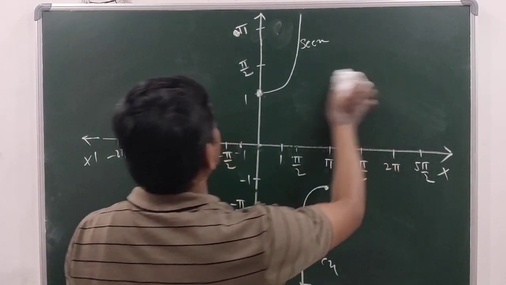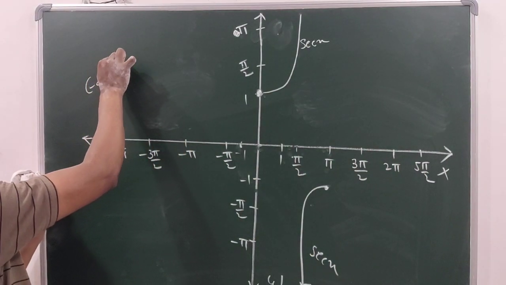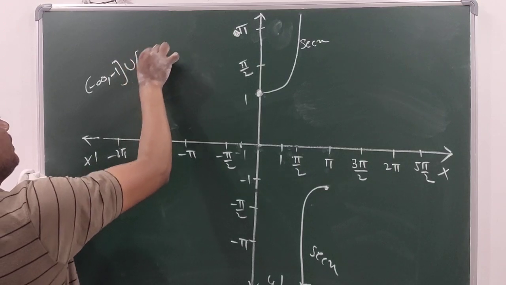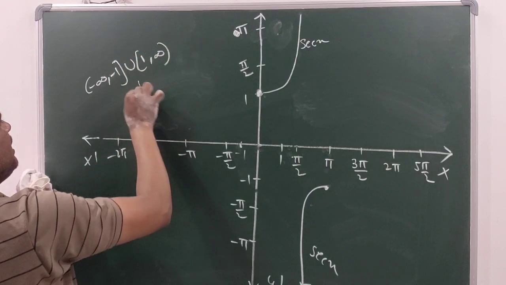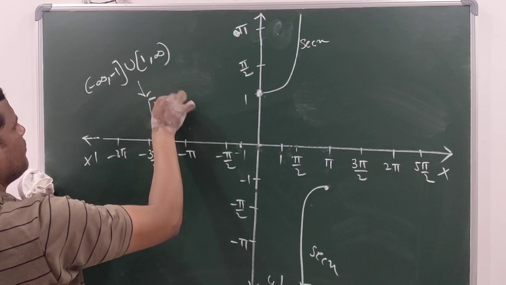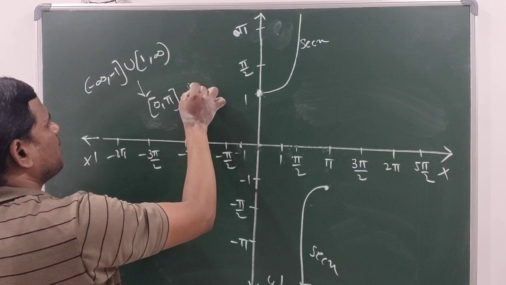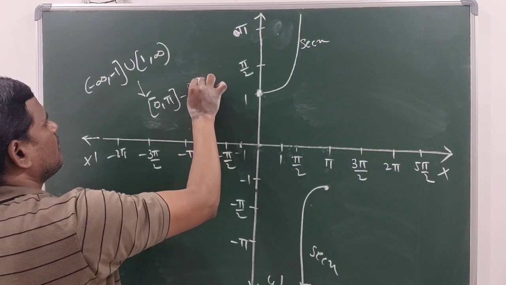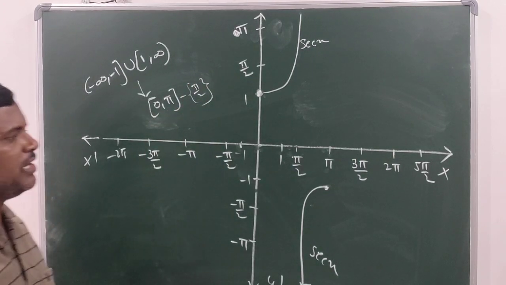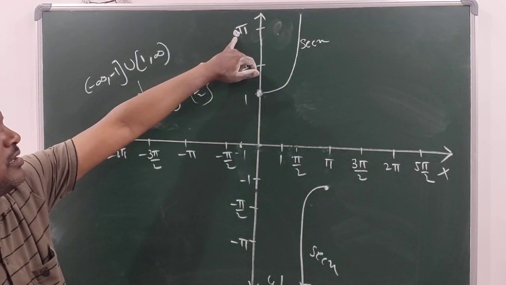Okay, next. Minus infinity to minus 1, union 1 to infinity. This is the domain. And range must be closed interval of 0 to pi. But 90 must be subtracted. 90 we have to subtract. Tell me, how do we get? Minus 1 I kept. So you got pi. Okay.